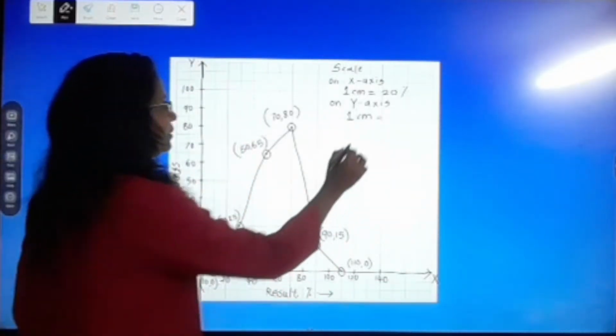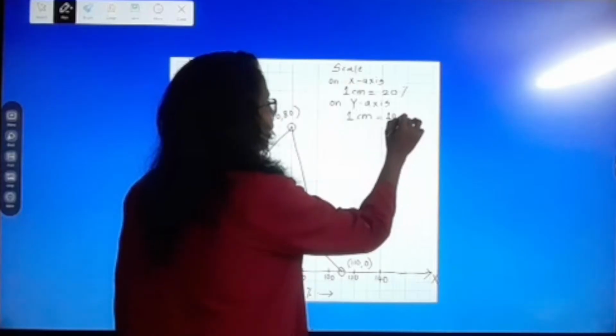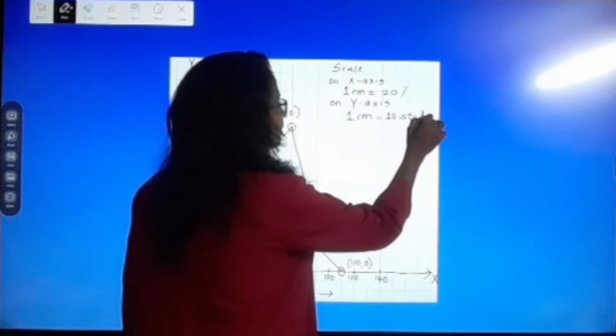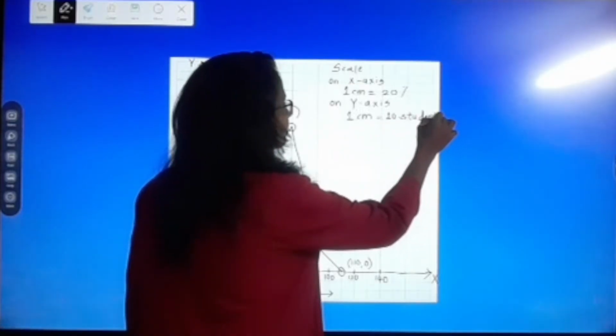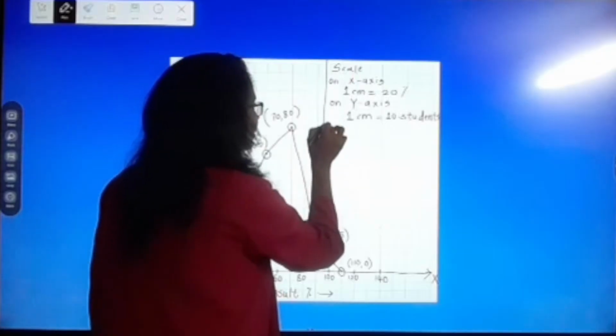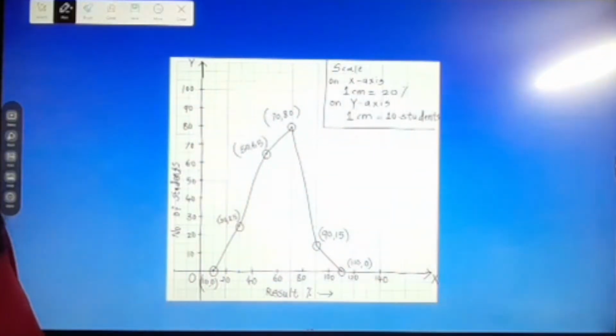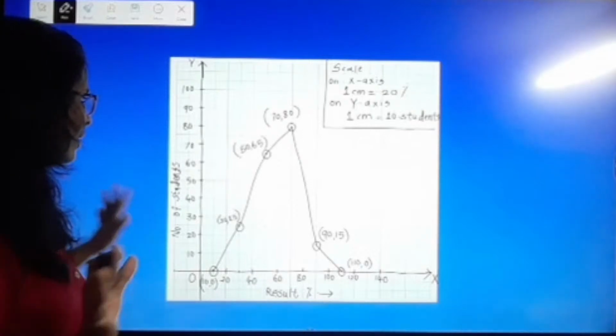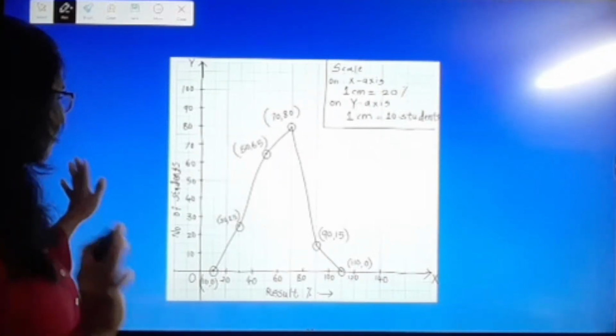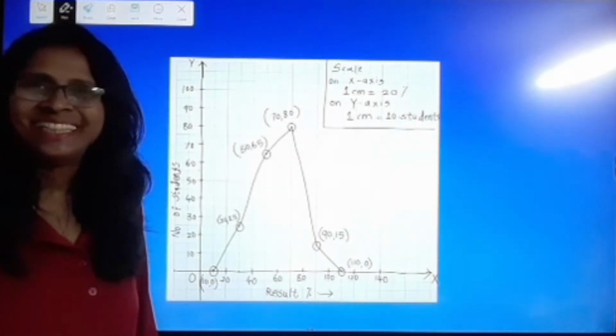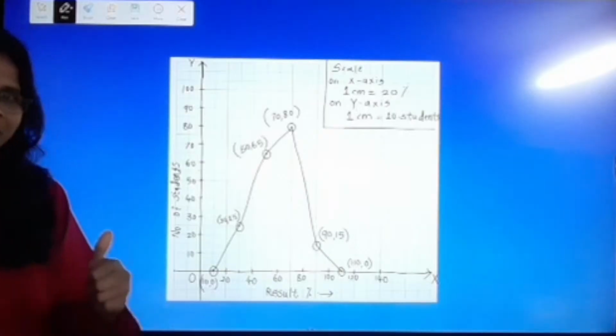What is the 10? That is the 10 students. So this is the scale that you have to write down. Okay students, so now our frequency polygon is completed.